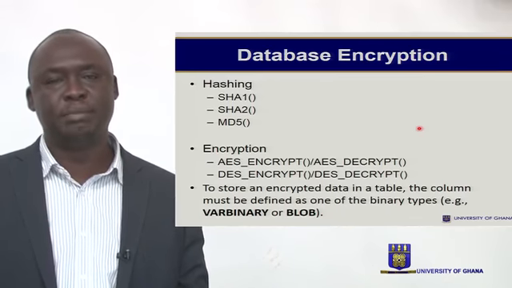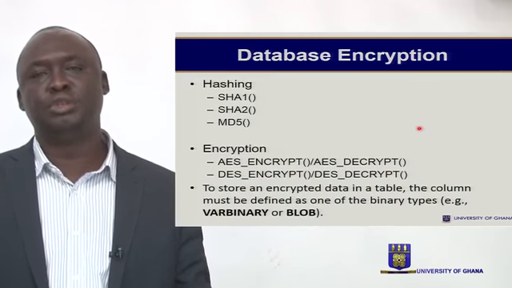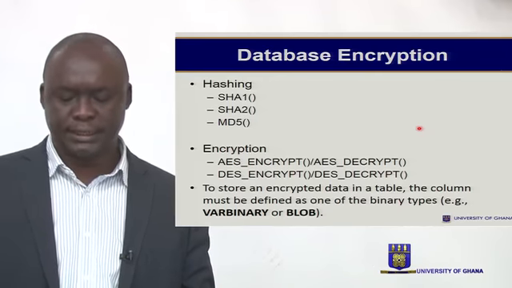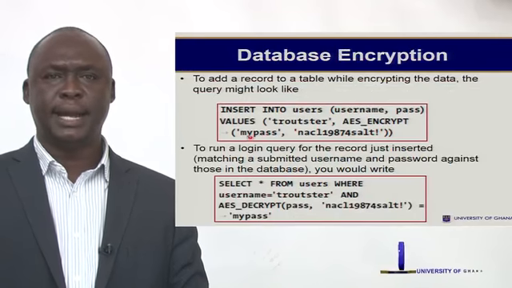If you want to encrypt a data and store it in your database, then the field that the data is going to go to should be defined as varbinary or it should be defined as blob in order to allow such data in. Okay, so to add a record to a table while encrypting the data, the query should look like this. Insert into users, you specify the full names in the table, and then you specify the data, and then the data that you want to encrypt, you have to call the AES encrypt function, and then you pass in that data here.